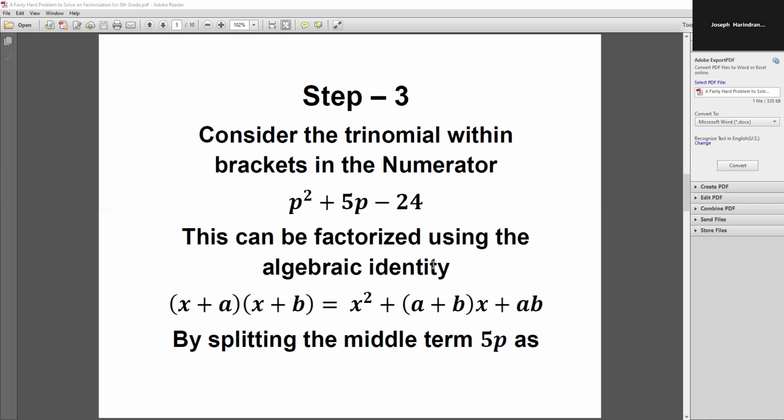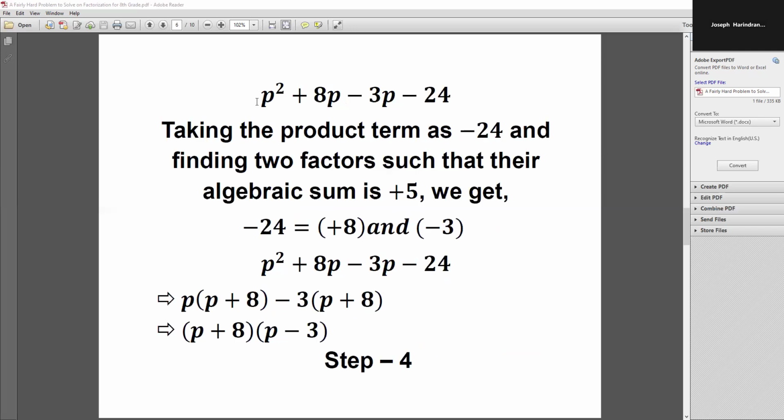By splitting the middle term, 5p is the middle term here, so it should be the sum of two factors. We split the middle term 5p as 8p minus 3p. 8 minus 3 is 5, so p squared plus 8p minus 3p minus 24.